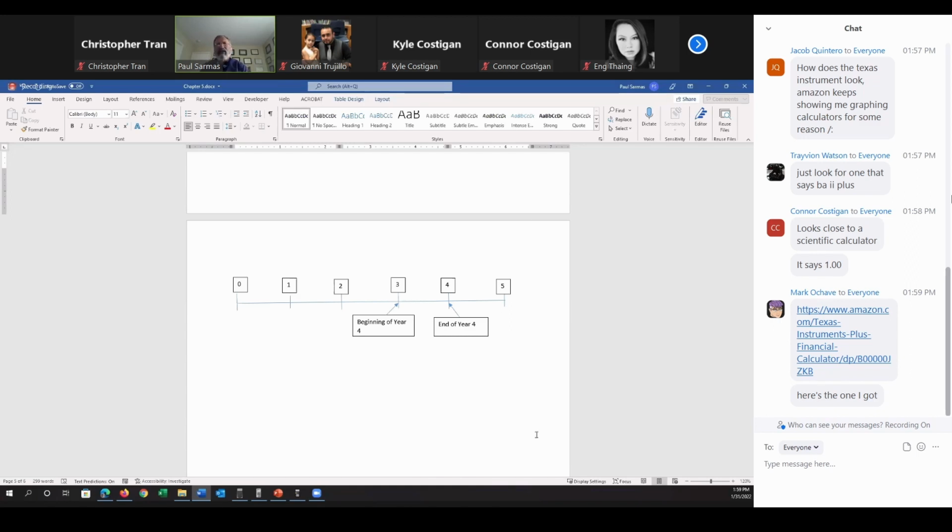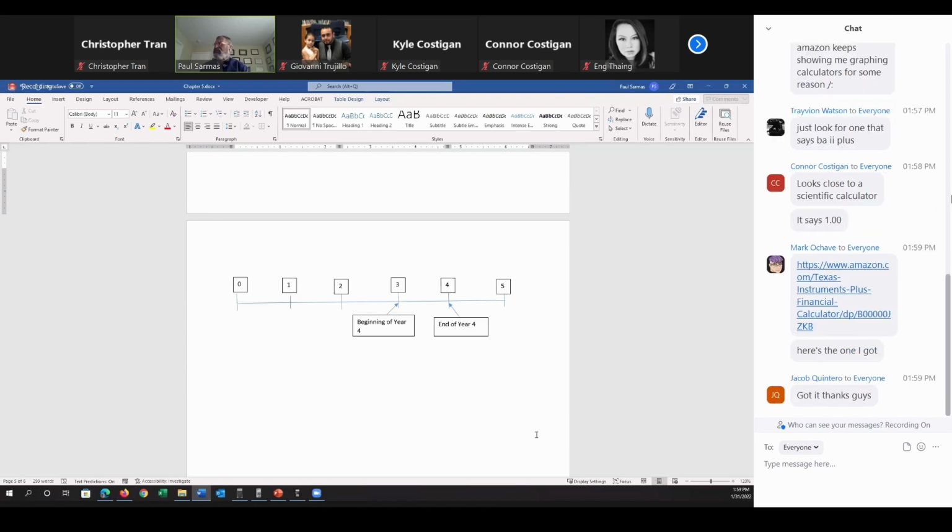So I want you to understand that very, very clearly. Where it says 4, that is end of year 4. And if you want to know where is the beginning of year 4, notice it is at period 3. So period 3 is end of year 3 or beginning of year 4. I hope that's clear.